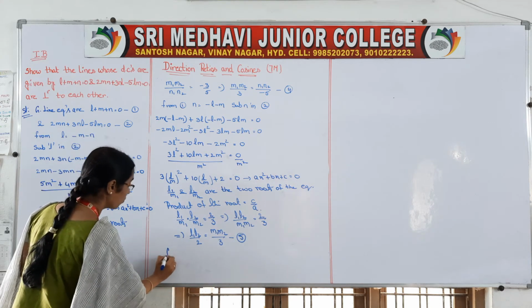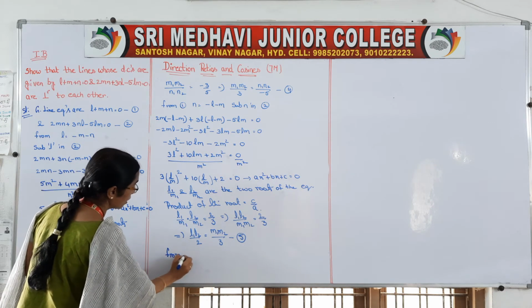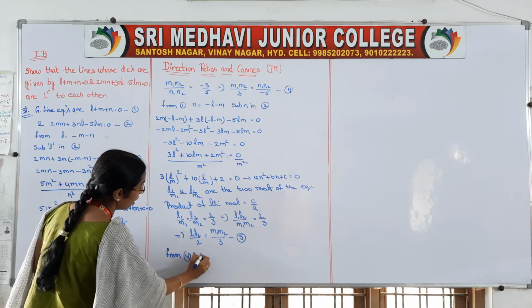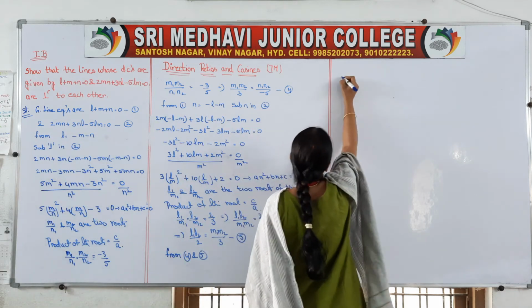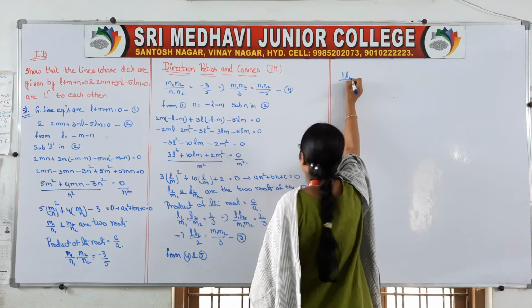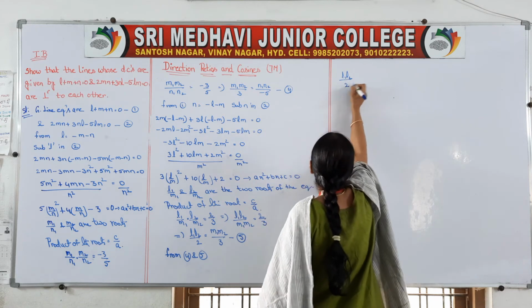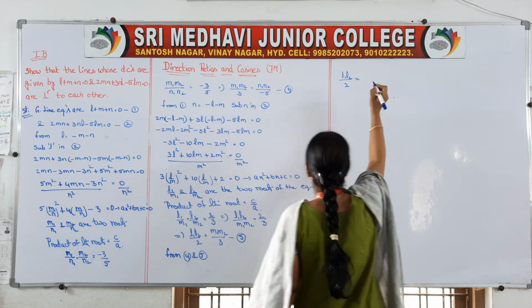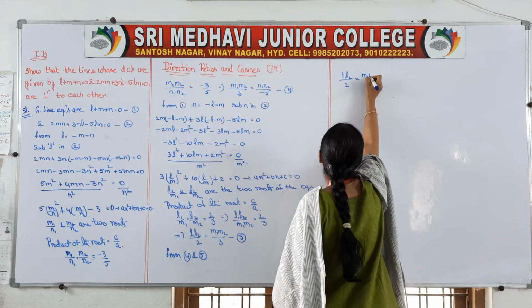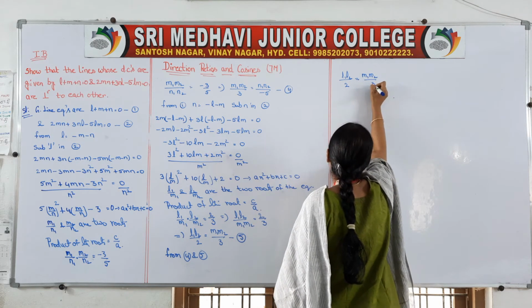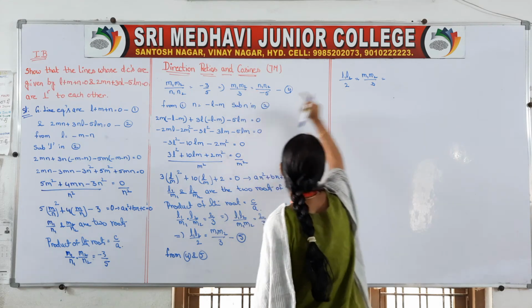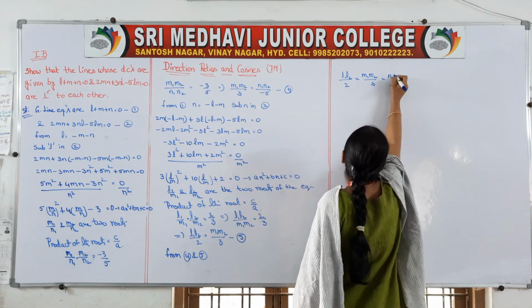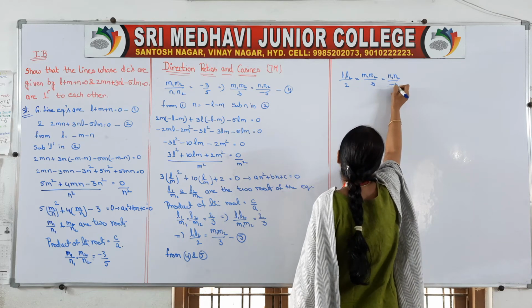So from 4 and 5, L1 L2 by 2 is equal to M1 M2 by 3 is equal to N1 N2 by minus 5.